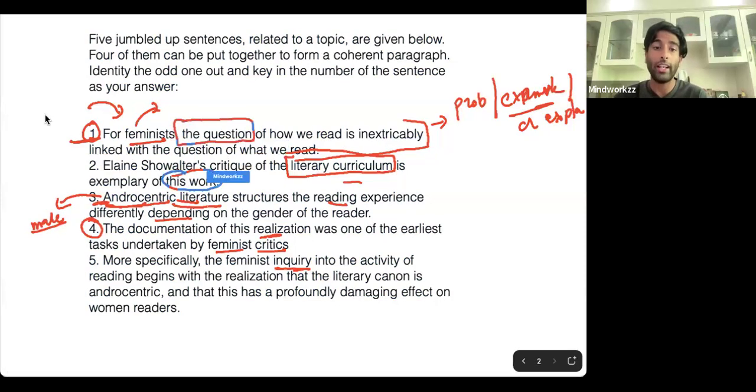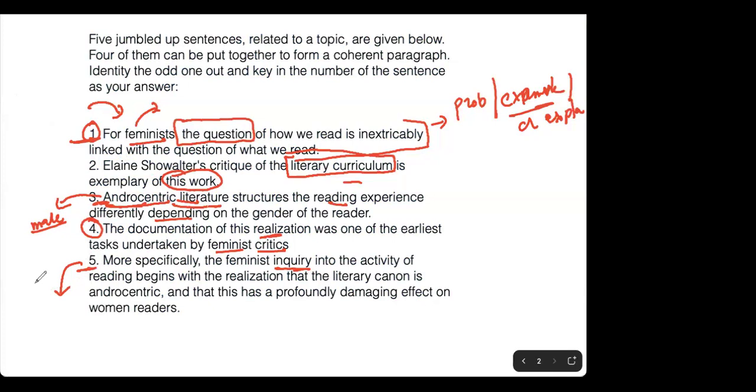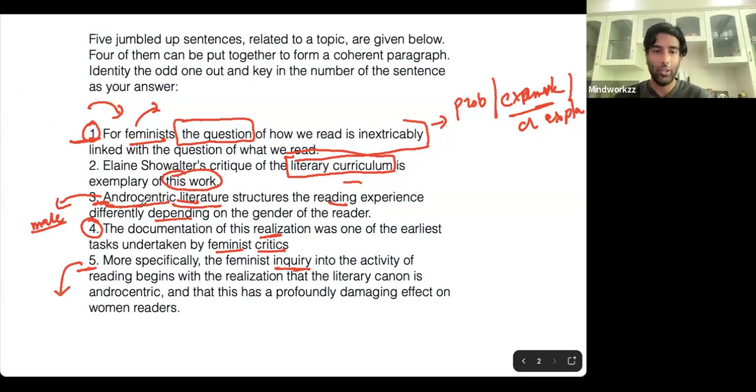Okay, all right. And what is sentence number 5? Is it trying to tell you about a problem or an explanation? Problem. Okay, interesting. I'll come to the answers. What about sentence number 2?